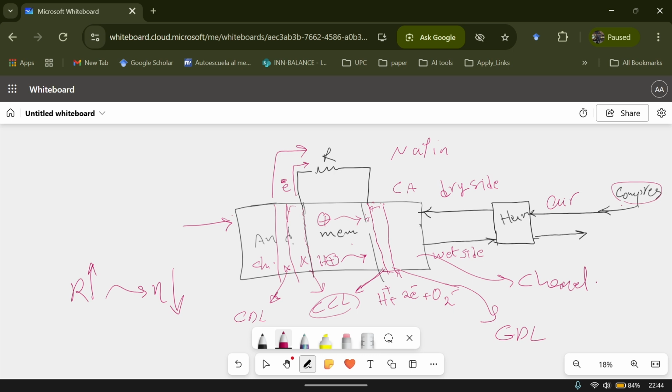But the question is how. Normally there is a valve here, and different configurations could be used. This is a bypass valve. If we close the valve, all the air passes through the humidifier, so the air that enters the stack has the maximum water content.